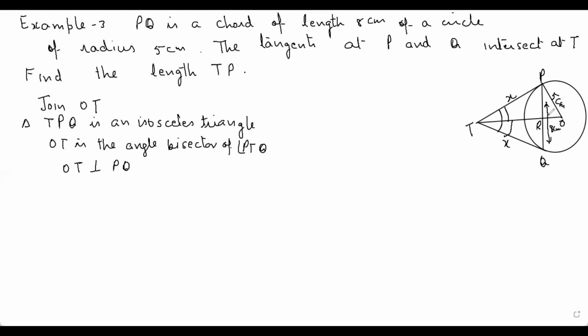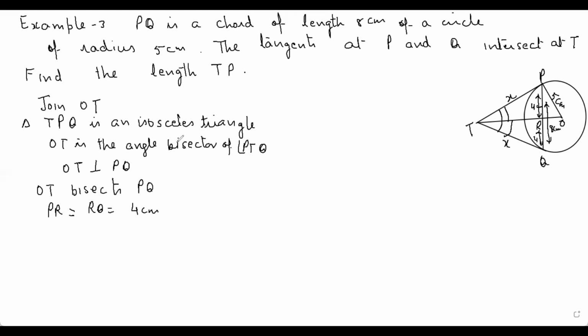In 9th class, we have learned a perpendicular from the center to the chord bisects the chord. It means OT bisects PQ. It means PR is equal to RQ is equal to 4 centimeter. This is 4 centimeter and this is 4 centimeter.